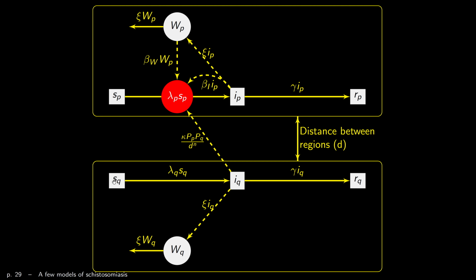So here this is the proportion of susceptible individuals, infectious and infected individuals, and recovered in, we typically call these locations patches. Okay, so this is patch Q, this is patch P. Okay, so this is a very standard model.